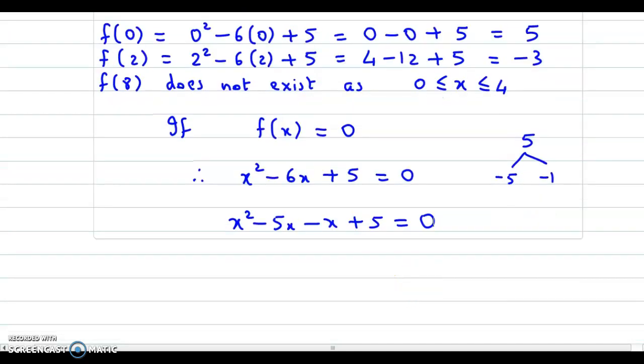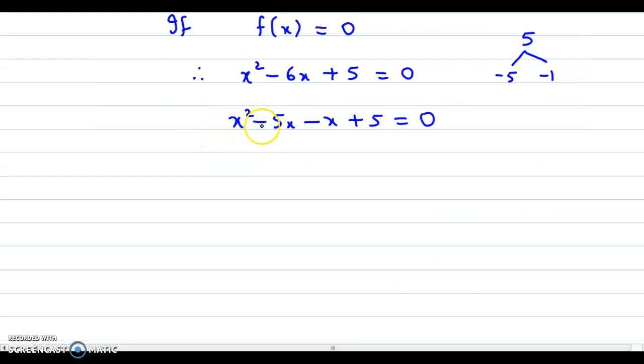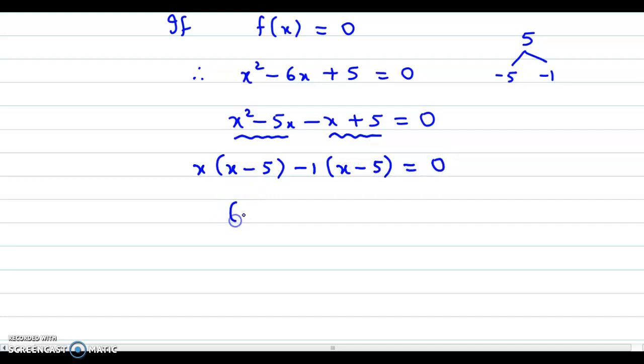Taking x common from the first and second terms, we have x times x minus 5. And here we take negative 1 common. So again in brackets we have x minus 5 is equal to 0. So we obtain x minus 5 into x minus 1 is equal to 0.